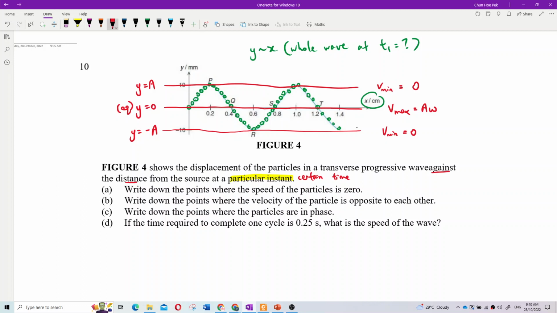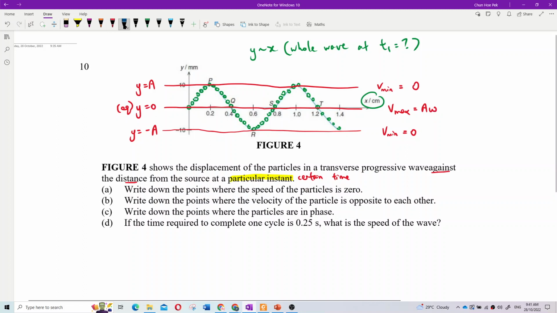So for all of these particles, for example particle Q, oscillating up and down, at amplitude the velocity is 0, and at equilibrium the velocity is maximum, a omega.